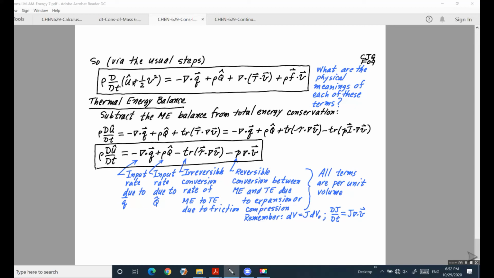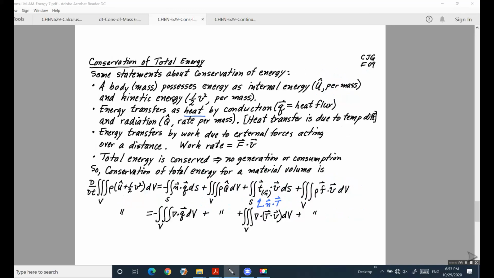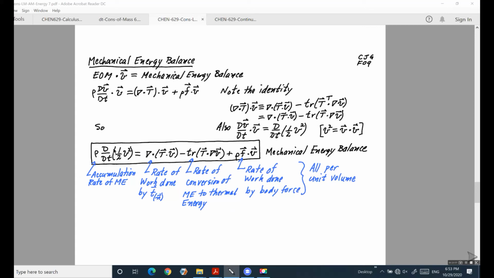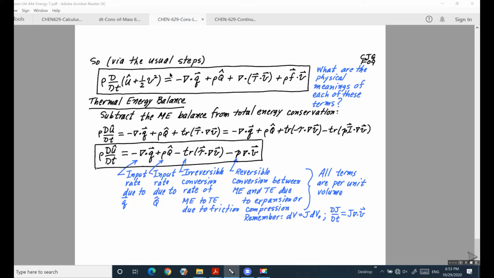From the total energy conservation, if we subtract the mechanical energy conservation term, total minus the mechanical energy, it gives the thermal energy balance. The input rate of G is the heat transfer because of conduction, plus the input rate due to temperature difference radiation, plus the irreversible conversion rate of mechanical energy to thermal energy due to friction, and the reversible conversion between mechanical energy and thermal energy due to expansion or compression of the fluid.